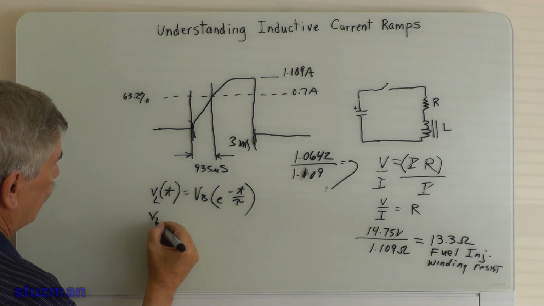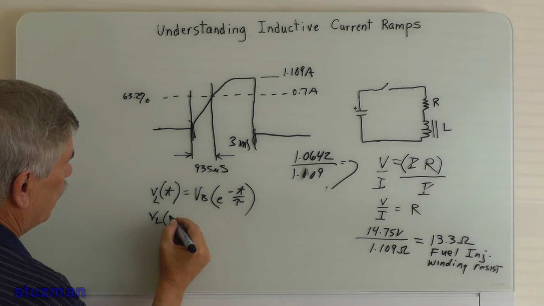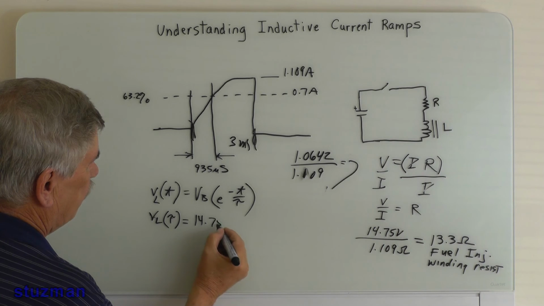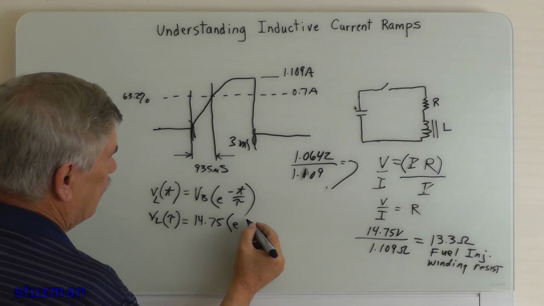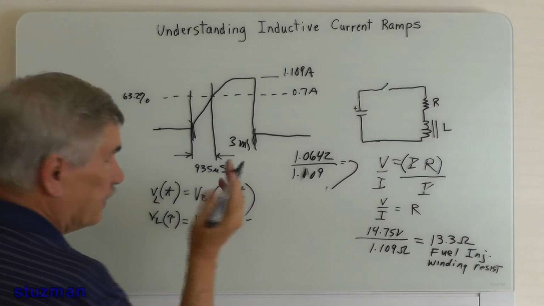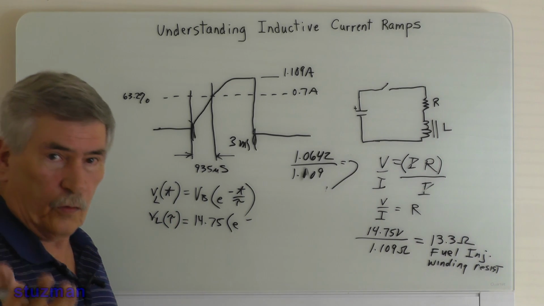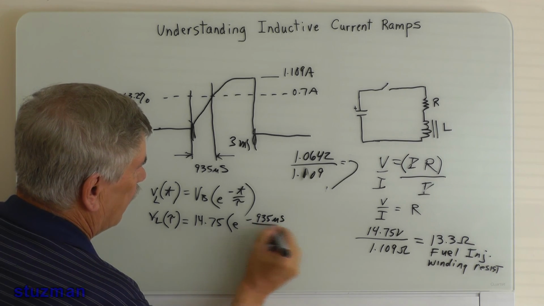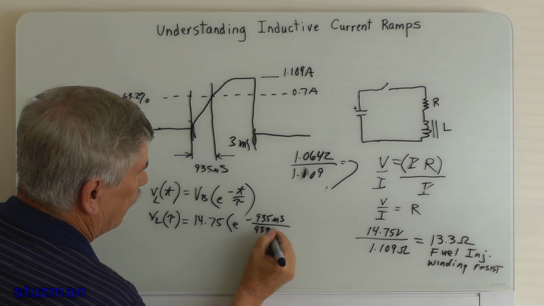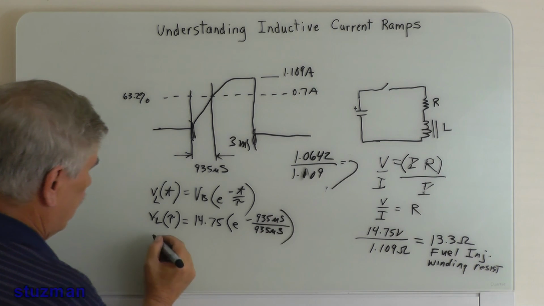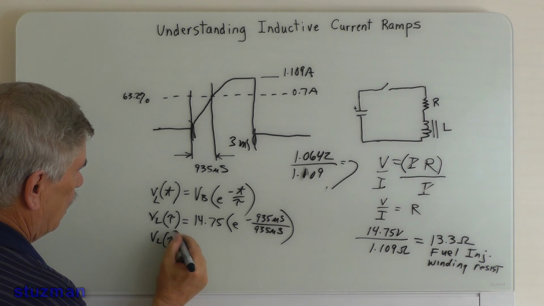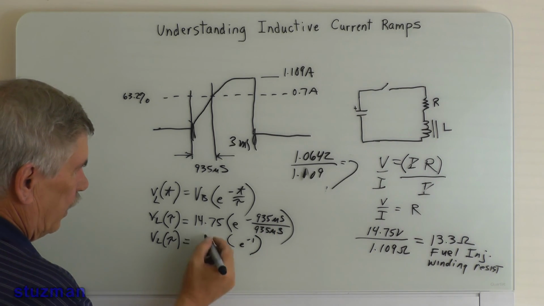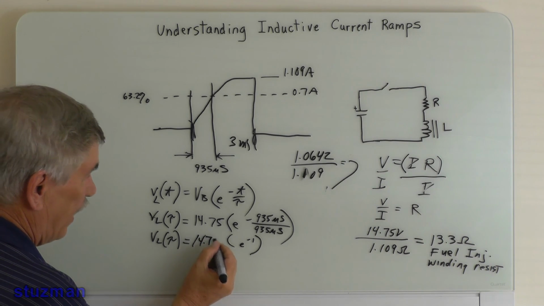Then we come back to the voltage across the inductor when it is at one time constant, and that is going to be 14.75 times e to the minus 935 microseconds divided by tau, which is 935 microseconds. You can see this is going to be e to the minus 1. That's okay. And then that's times 14.75.